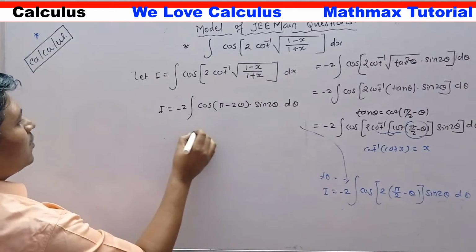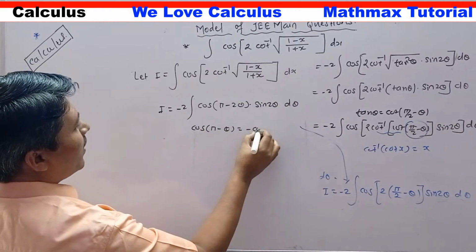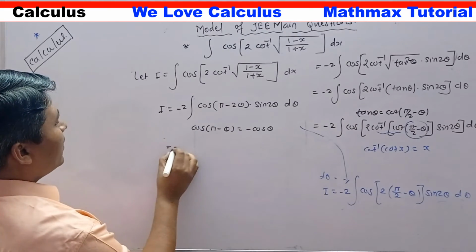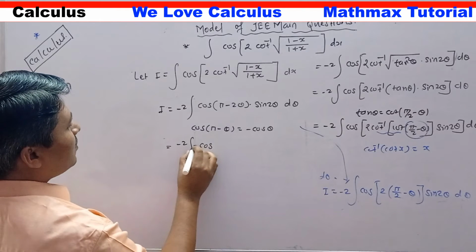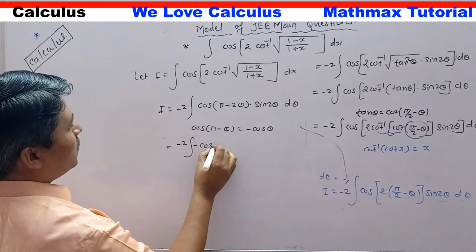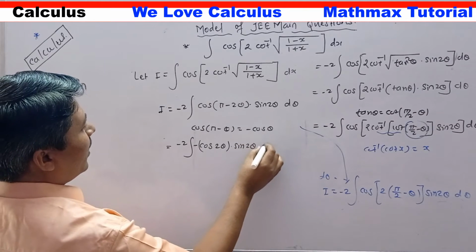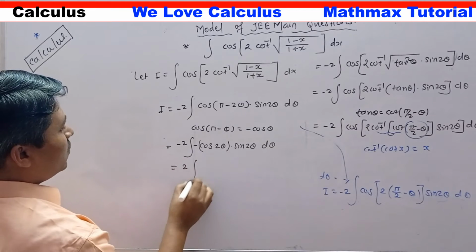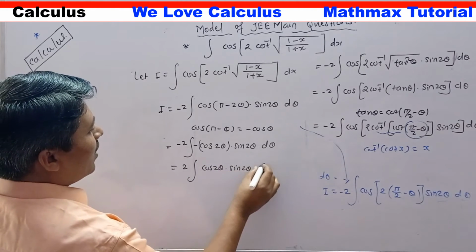Then cos(pi minus theta) is equal to minus cos theta, by the allied angle formula. So minus 2 integration of minus cos 2 theta sin 2 theta d theta, and the minus signs give plus 2 integration of cos 2 theta into sin 2 theta d theta.